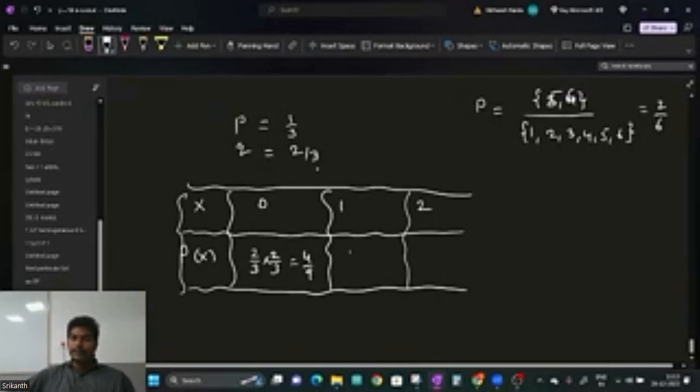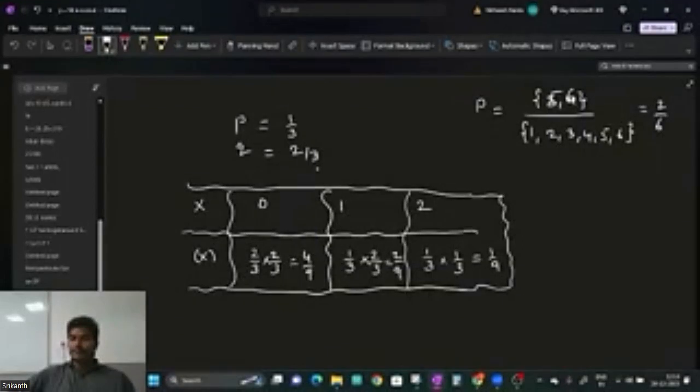Only one success means 1 by 3 into 2 by 3, which is 2 out of 9. Two successes means 1 by 3 into 1 by 3, which is 1 out of 9. So this is the answer for the first question.